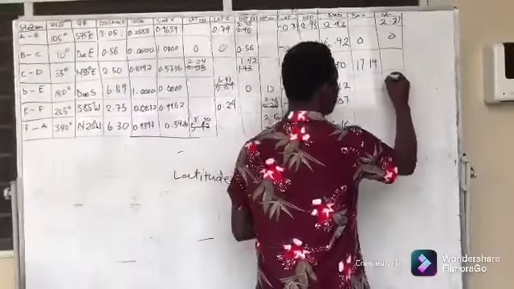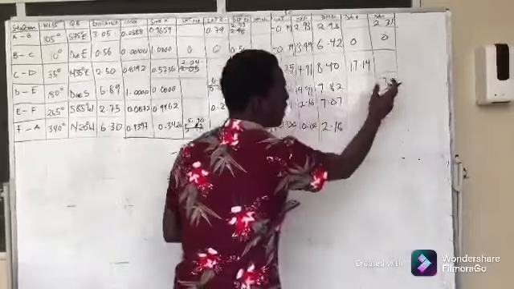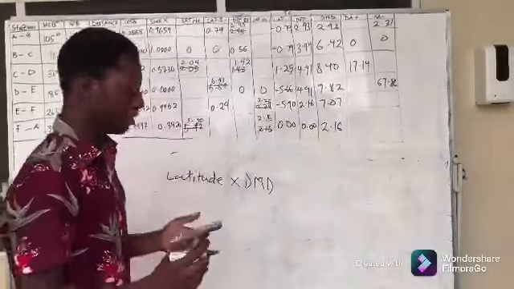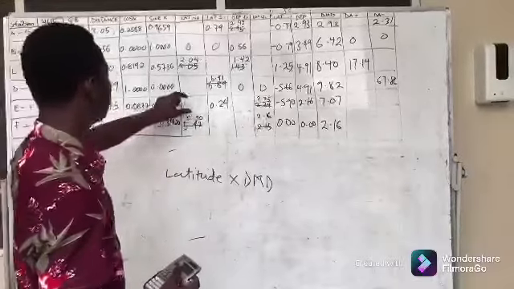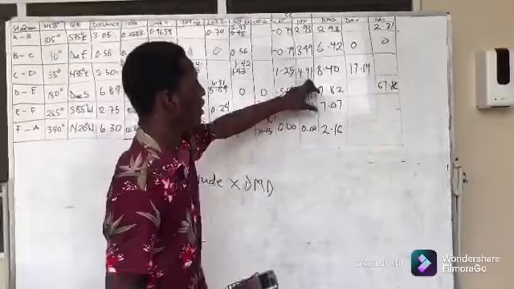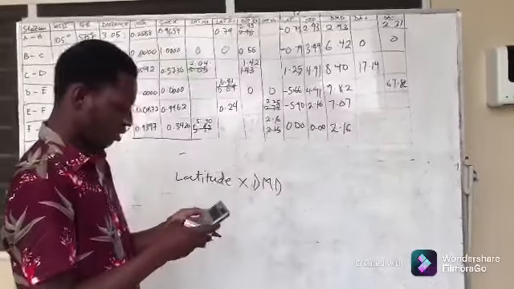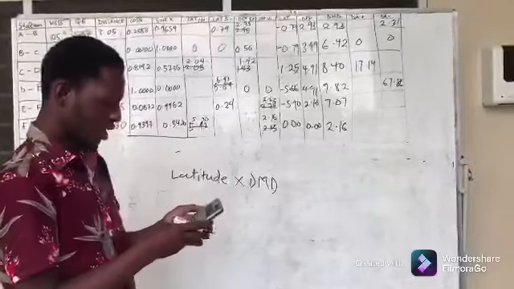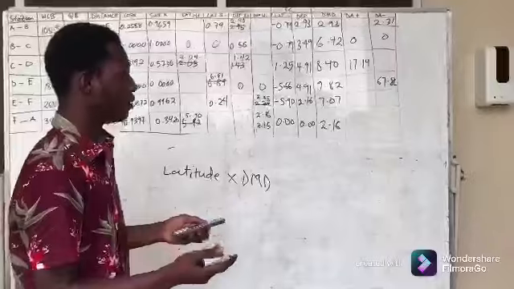So we have 67.86 in this section because it's negative. For station EF, the latitude value is negative 0.24 times the corresponding DMD value, which is 7.07. 7.07 times negative 0.24, which should give me 1.70.